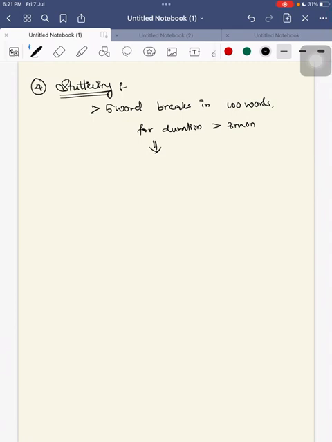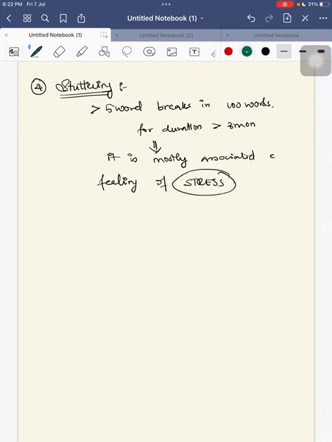It is a feeling of stress. In this situation, you have to give speech therapy. So these are best treated with the speech therapist only.